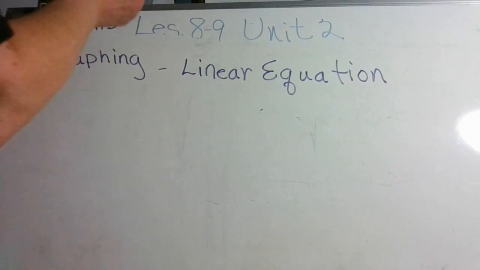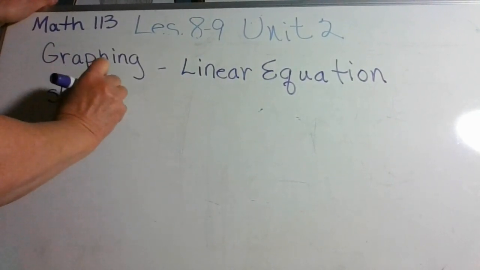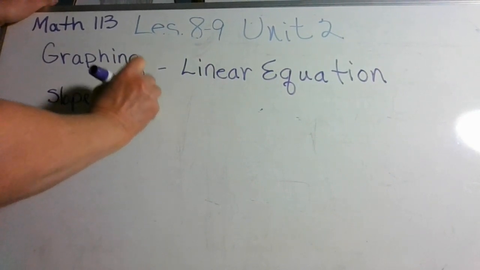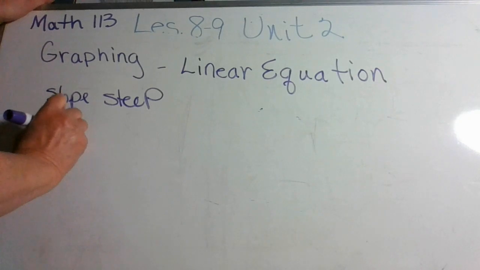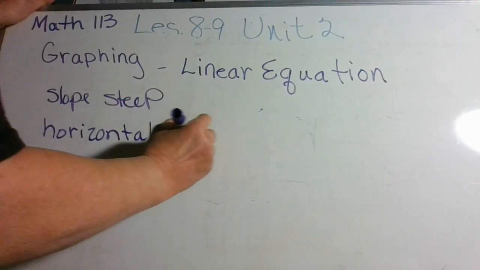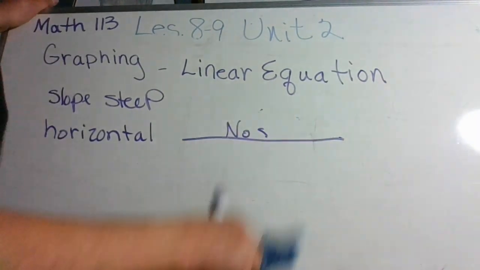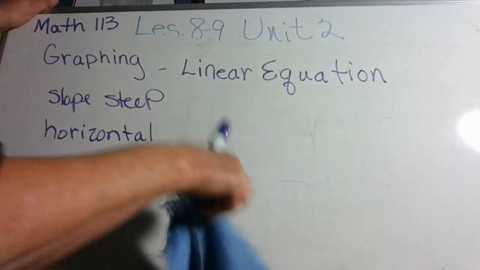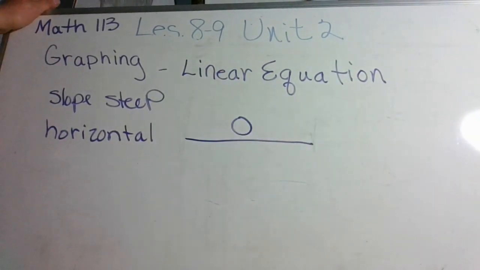So we're going to be looking at the slope, which means how steep something is. And I'm going to tell you that a horizontal line has no slope. I'm sorry, it has a slope. If you're laying flat, your slope is 0. So it has a slope of 0.